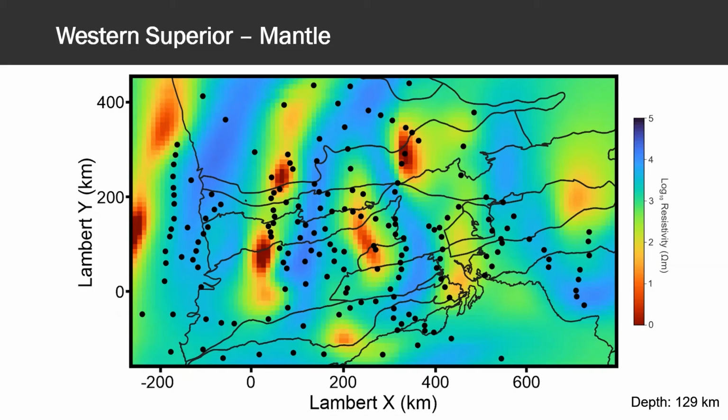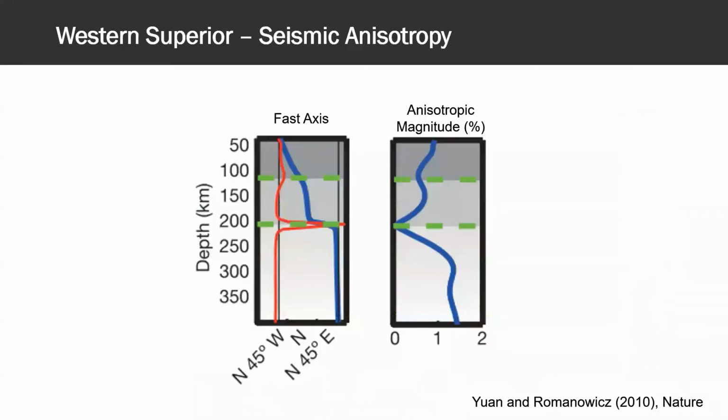It's basically impossible to uniquely determine which of these is the case, but we can at least try to make some comparisons and run some tests to figure out which of the cases is the most likely, as that will obviously have a big effect on how we interpret things. So I believe I showed a chart like this during the last meeting from Juan and Romanowitz 2010. The left plot is the seismic fast axis direction from the Superior, and the right is the magnitude of anisotropy.